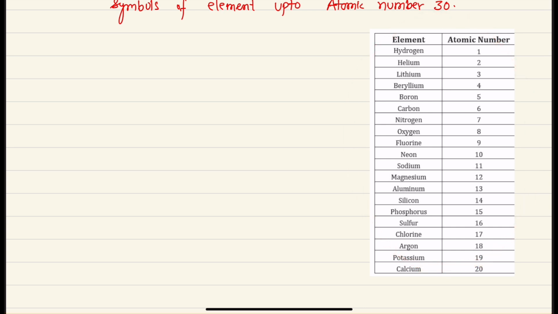This table you must remember, the atomic number and the element's name with symbol, up to 30. Don't forget this.